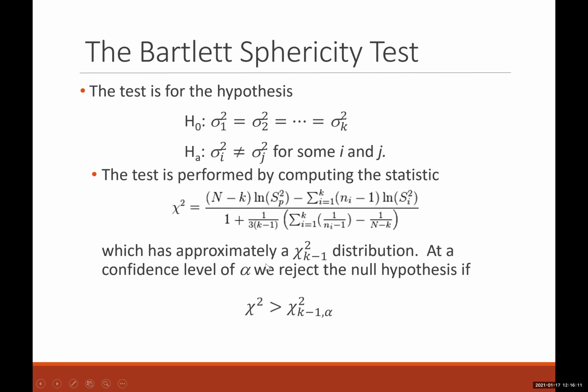And if the p-value is less than the alpha value, or the chi-square test statistic is greater than the chi-square critical value, which is looking at degrees of freedom of k minus 1, which is number of columns minus 1, and a typical alpha value of 0.05, then we're going to reject the null to accept the alternative that at least one of these variances is not the same, and we have enough variance to do this.